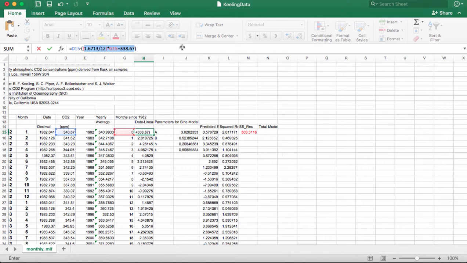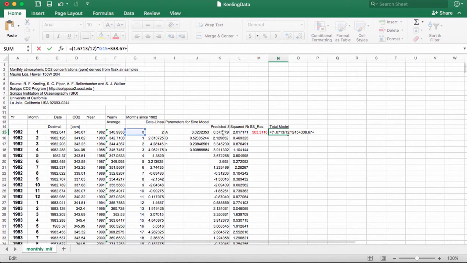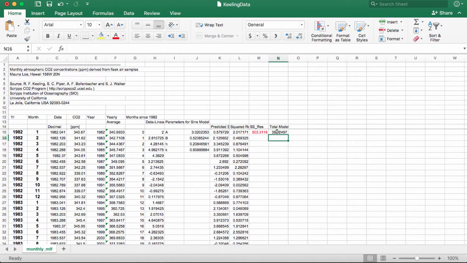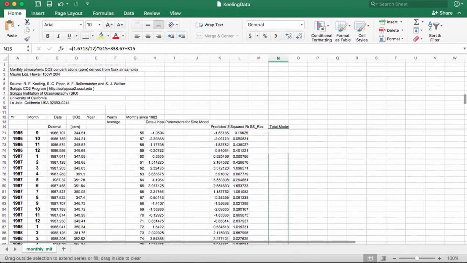Oh, let's not do that. All right, so I'm going to copy that in as my linear part, and I am still referencing my month since 1982 as the time portion, and then to that I will add the predicted sine part and take that all the way down.